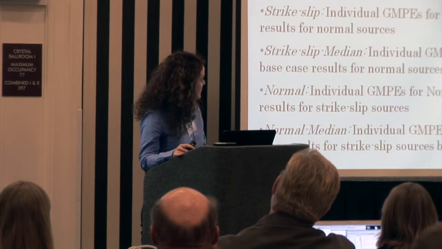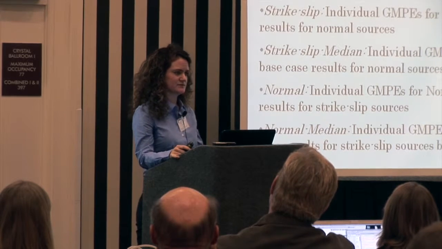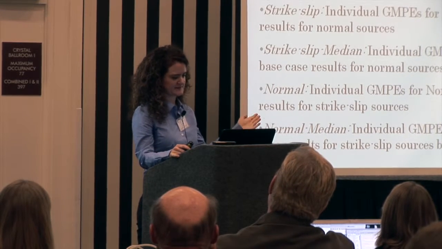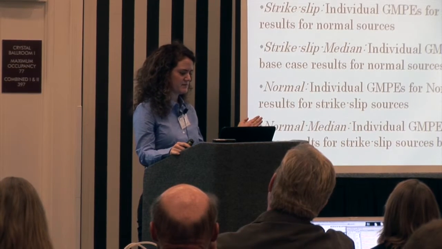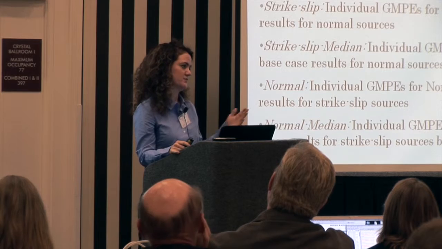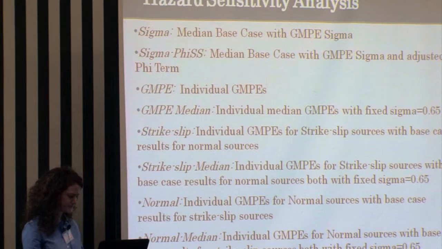And the reason why the sigma was fixed is because by fixing the sigma, we're able to see if the differences in the models are more due to the median or if they're more due to the sigma. I'll also be showing you results for strike slip, where for the base case I have the normal sources, and then for the individual GMPEs, it's the strike slip results.